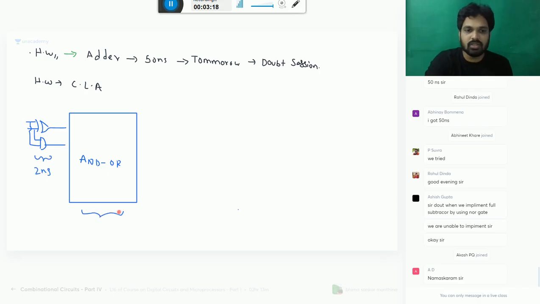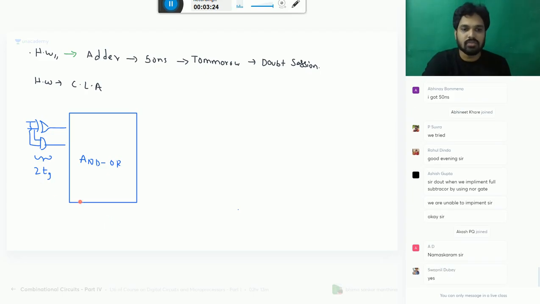This AND OR operation requires 2 gate delays, and this part requires 2 gate delays, and this carry is given to the next XOR. Both are XOR operated, you get the sum. So this requires another 2 gate delays. Total how much? 6 gate delays.